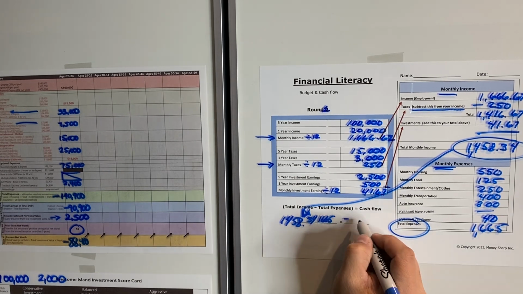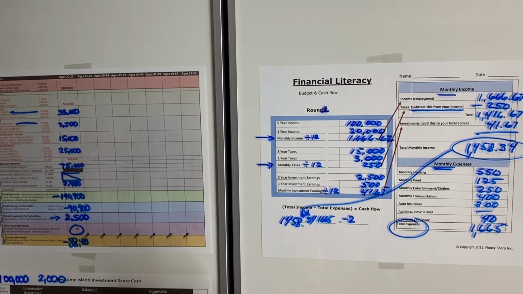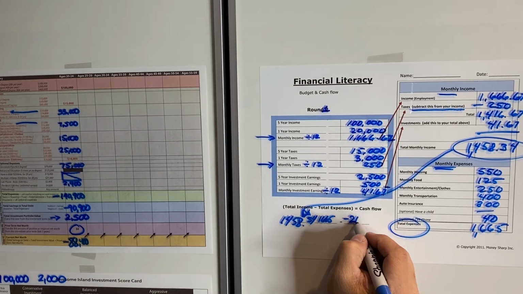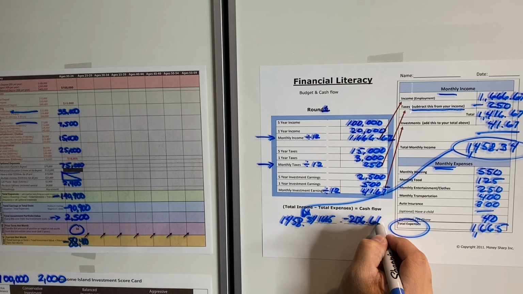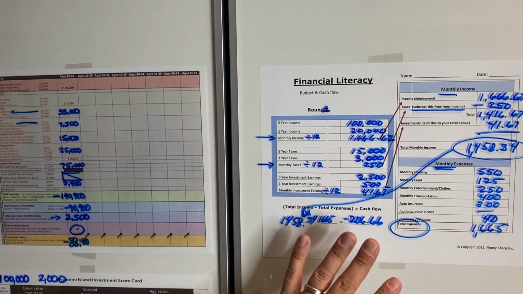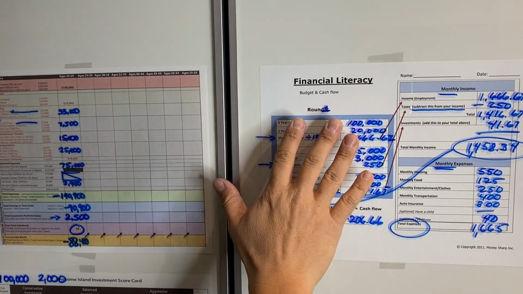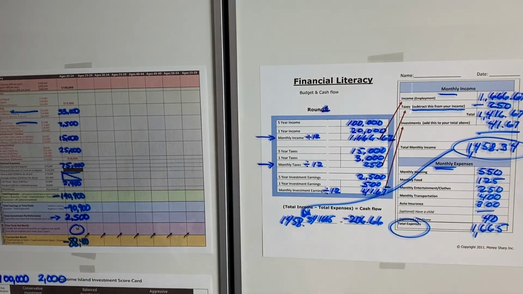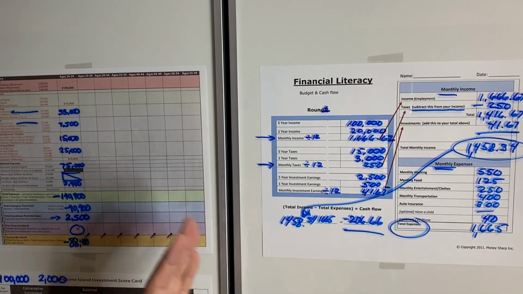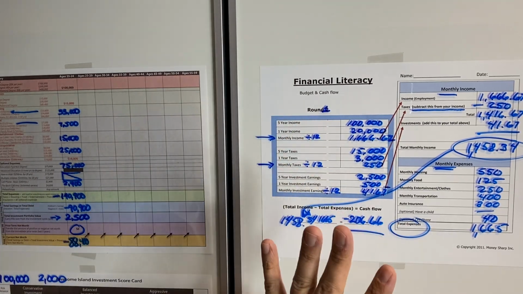A negative cash flow of $206.66. So now what you're seeing is that based on your income and your expenses, you have a negative cash flow this month. In fact, every month in that 5-year span.